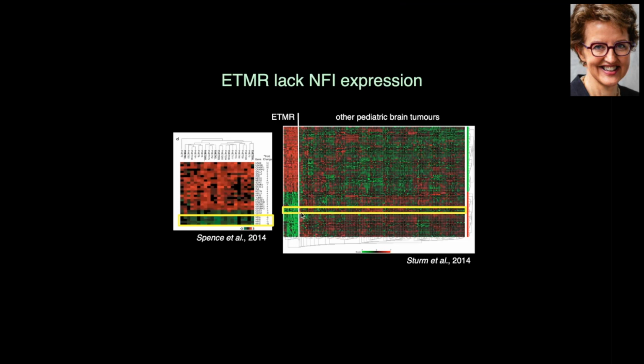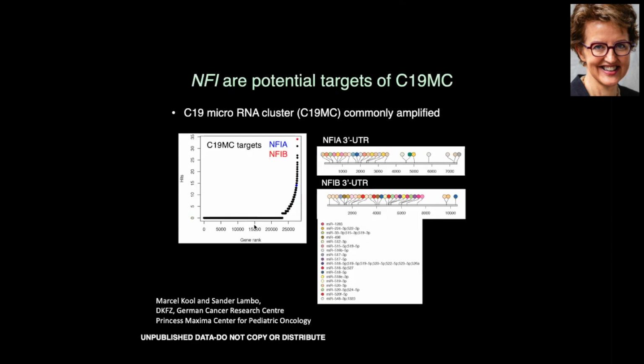And in fact, all 4 family members are strongly downregulated in ETMR, and this is a different study which also showed the same thing. So together with Marcel Kuhl and Sander Lambo, and this work was really pioneered and championed in my group by Jens Bunt, who is now back in the Netherlands.